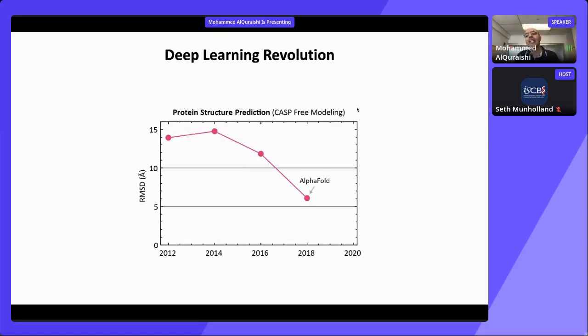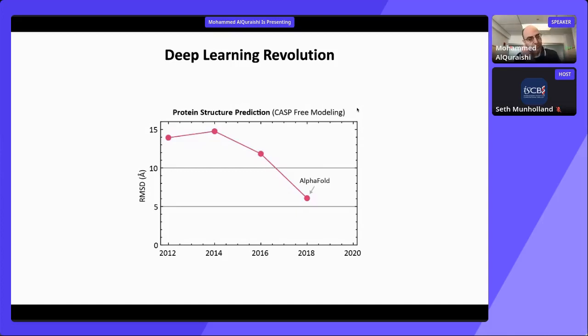But in some ways that leap, one could argue, was from a methodological standpoint somewhat incremental. It did not introduce any fundamentally new concepts. It was really more about engineering: taking the ideas that were out there and improving and tuning them in a way that made AlphaFold significantly better than the competitors.